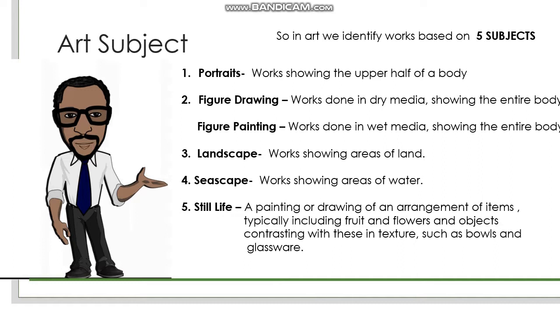We have seascapes, works showing areas of water. And 5. We have still lifes, paintings or drawings of an arrangement of items, typically including fruits and flowers, and objects contrasting with these in texture, such as bowls and glassware.